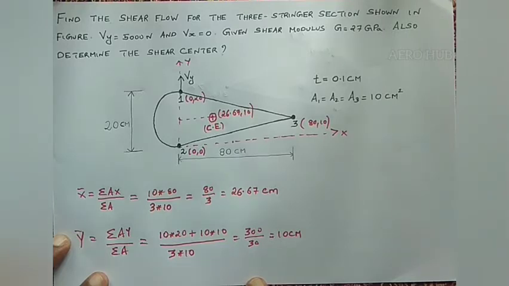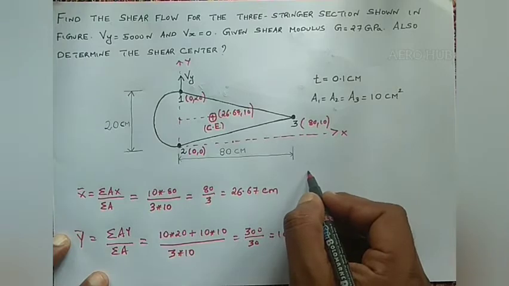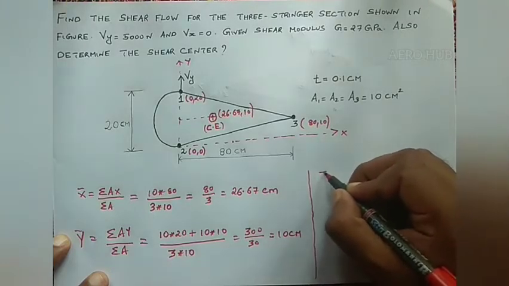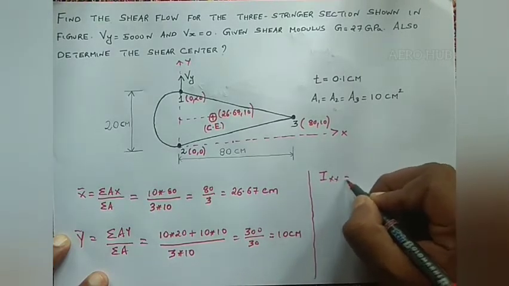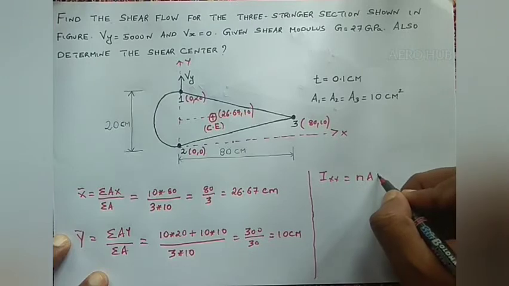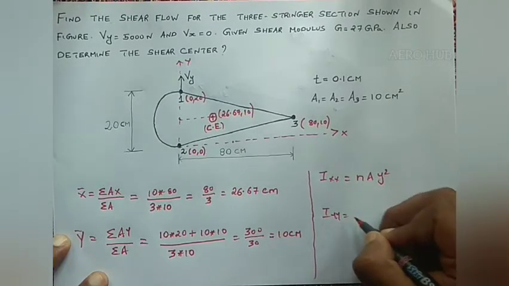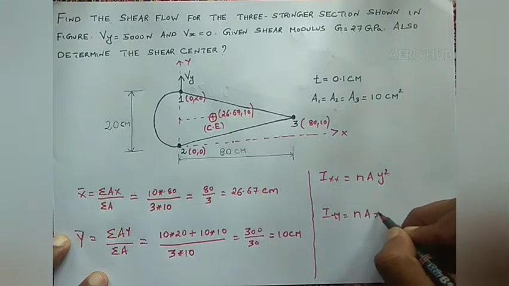The moment of inertia we already know from the previous calculations for sections which use boom areas. We have Ixx is equal to n a y square and Iyy is equal to n a x square.